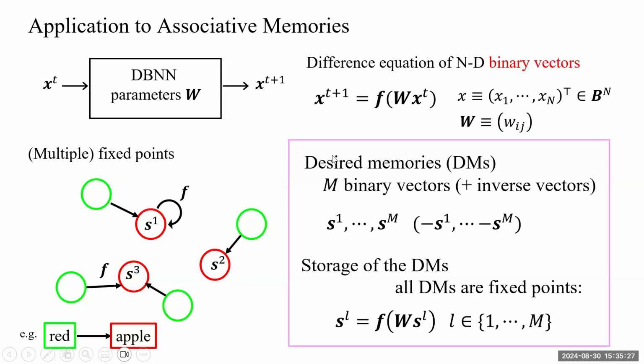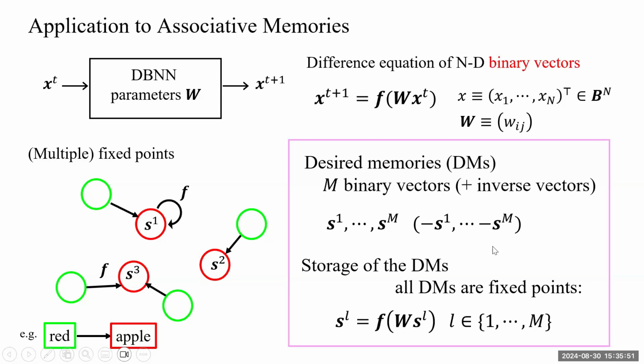Then formally, the desired memories, in this case, apple or banana or pimento, something like that, are represented by M binary vectors, S1 to Sm. And we consider the simple case, the symmetric case, then we also consider inverse vectors, but we omit these for simplicity.